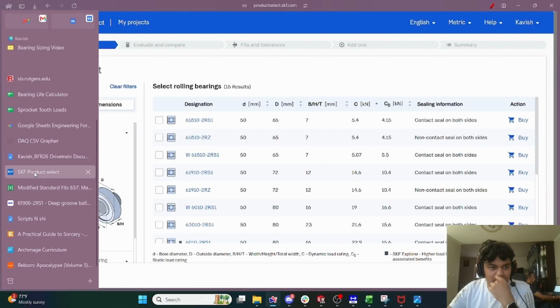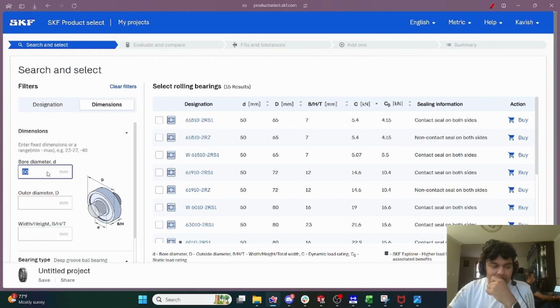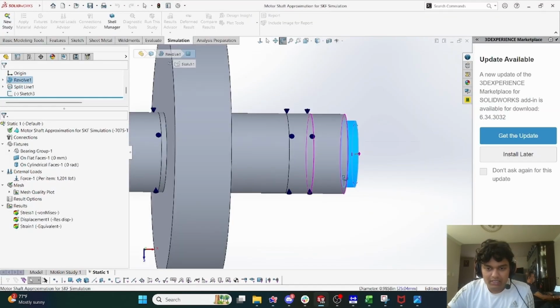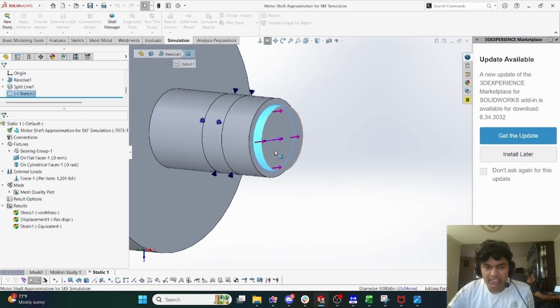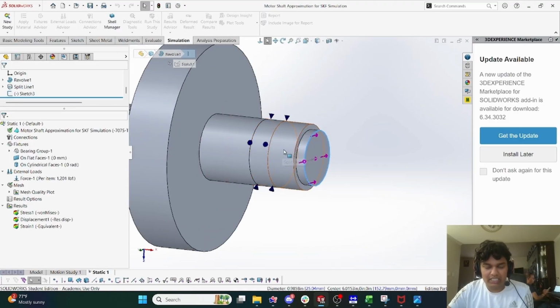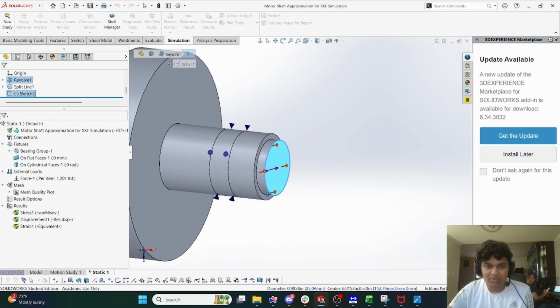So I'm going to go to SKF Product Select. And now I'm not going to solve for bore diameter. So this is the idealization of our splines, and you can see what is the diameter? 25 millimeters. It doesn't make sense for the output shaft here to be less than 25 millimeters.